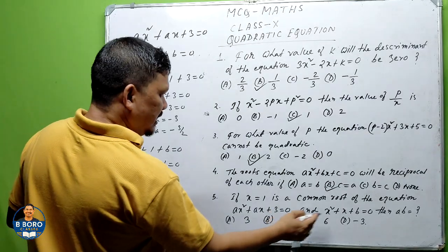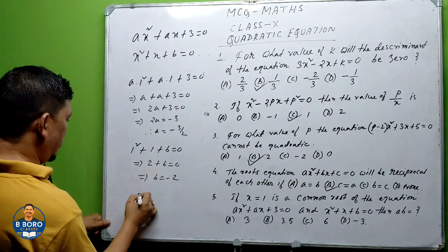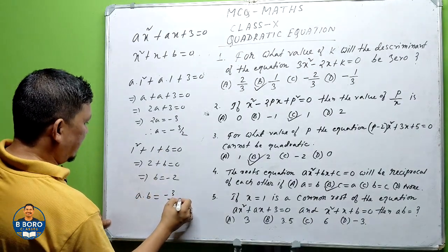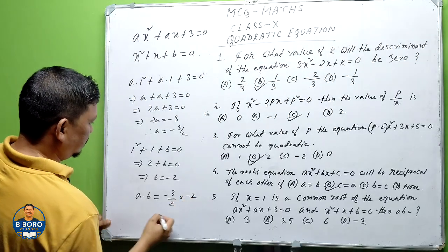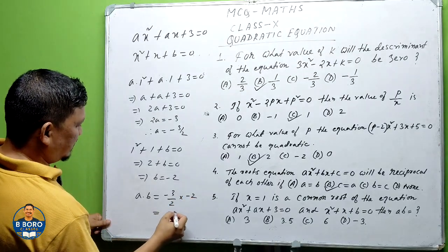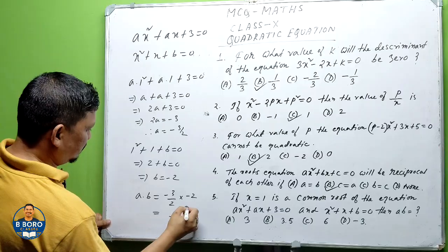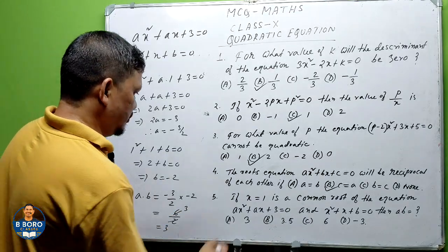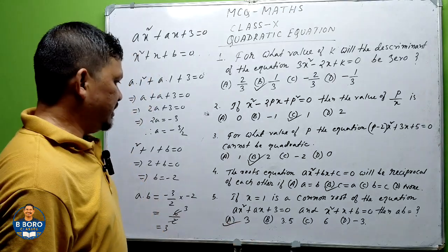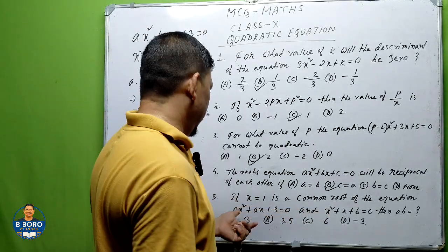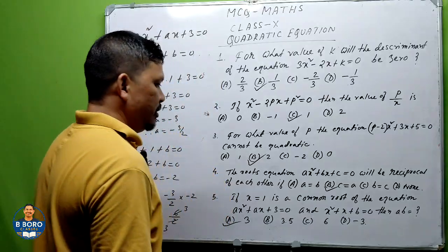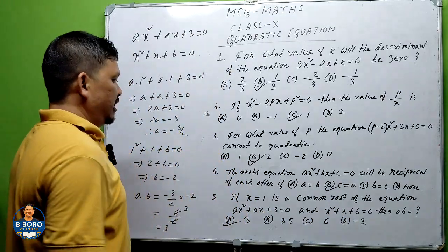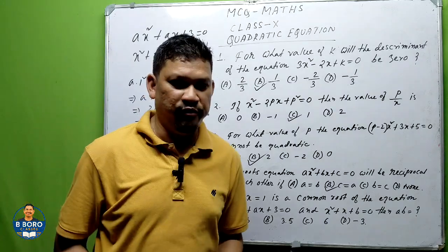We need the value of ab. Substituting a equal to minus 3 by 2 and b equal to minus 2, minus into minus gives plus, 3 into 2 by 2 is 3. So ab equals 3, which is option A. In this way we can solve question number 5.